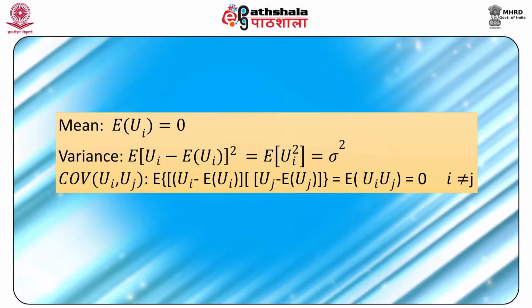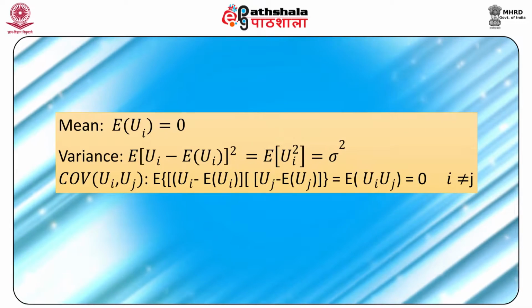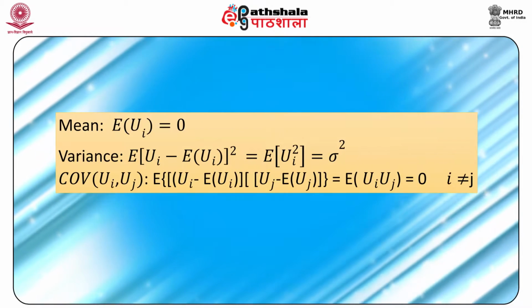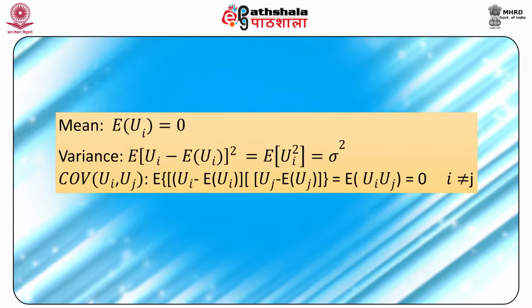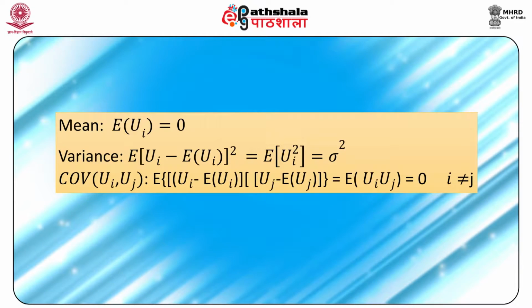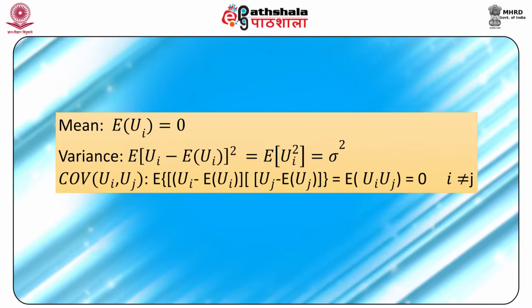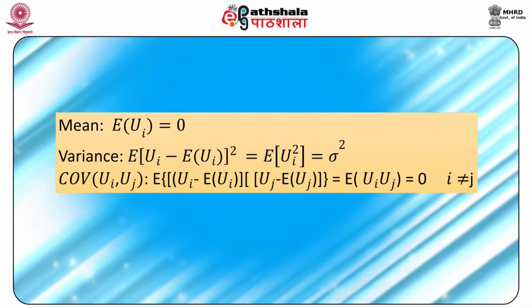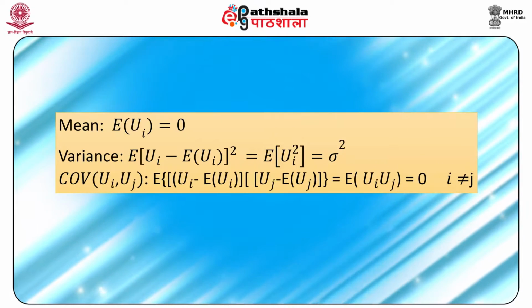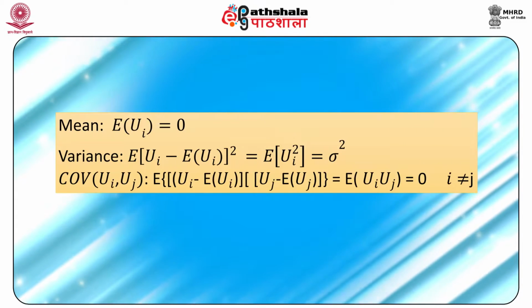The classical normal linear regression model assumes that each mu i is distributed normally. This means the expected value of mu i is equal to 0, which is the mean. The covariance is defined as the expected value of mu i minus expected value of mu i, into mu j minus expected value of mu j, which equals the expected value of mu i mu j, equal to 0.